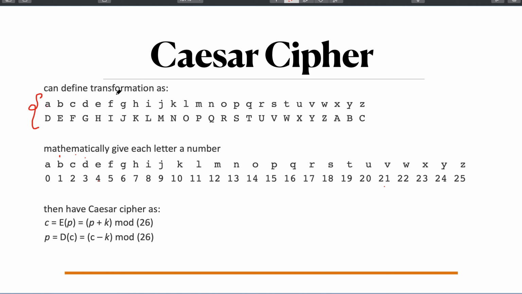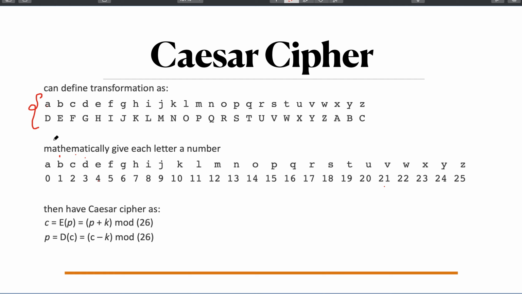From A to Z, these are the substitutions used for the respective letters, based on the concept of the third letter. For A it is D, for B it is E, C it is F, D it is G. This is how you can define the entire Caesar cipher's transformation.